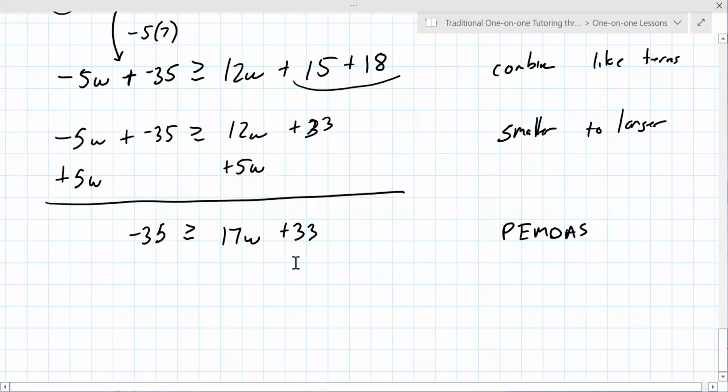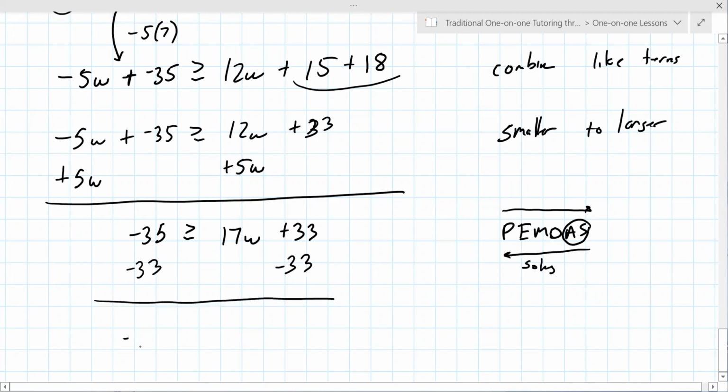Just imagine, I know it's a little bit different because the variable's on the right, but it's totally okay. If you're simplifying, you would go this direction. When you're solving, you're going backwards. You want to undo addition and subtraction here. Here's the addition or subtraction. Would you subtract 33 from both sides? Yeah. Okay. So that's -68 greater than or equal to 17W.